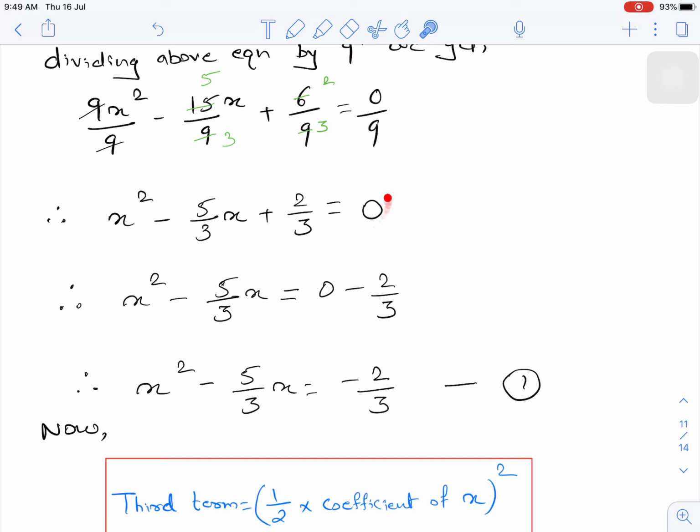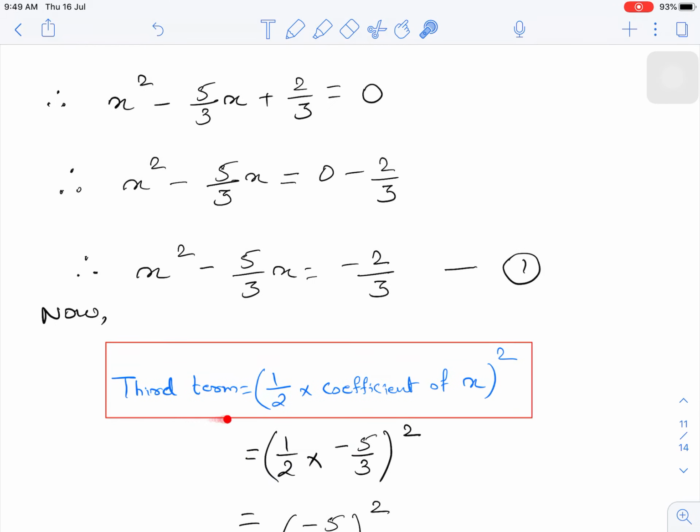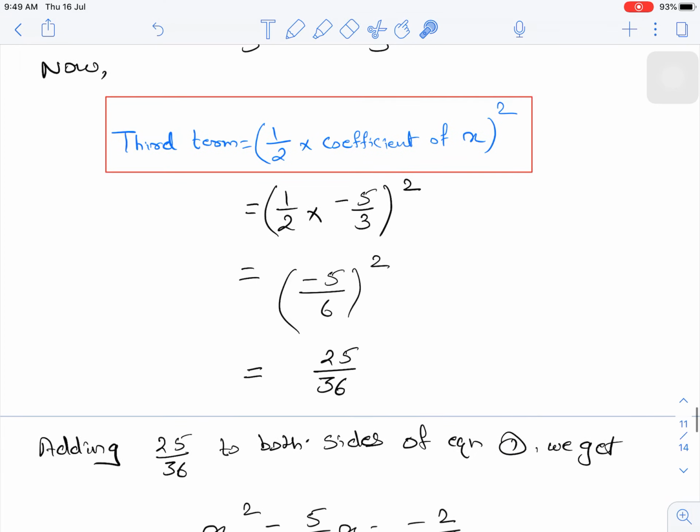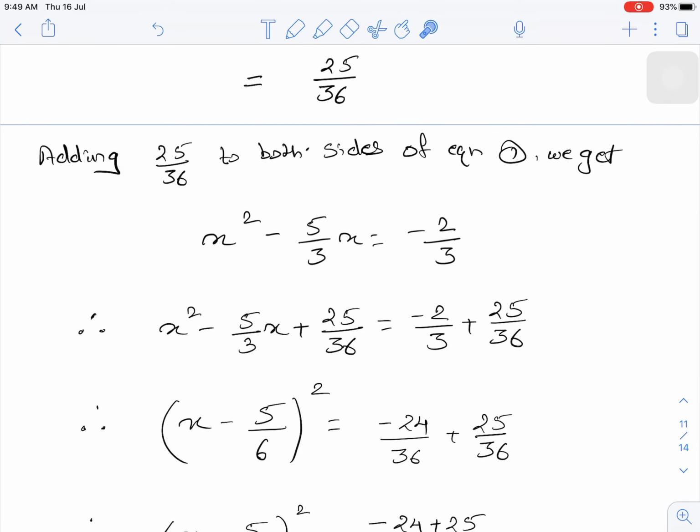After that we have to change the side of the third term, and after changing the side of this third term, we got this equation. Now in this equation, for the LHS we do not have any third term, so we will find a third term by using this formula. Then after getting that third term, we have to add it to both sides of equation number 1.